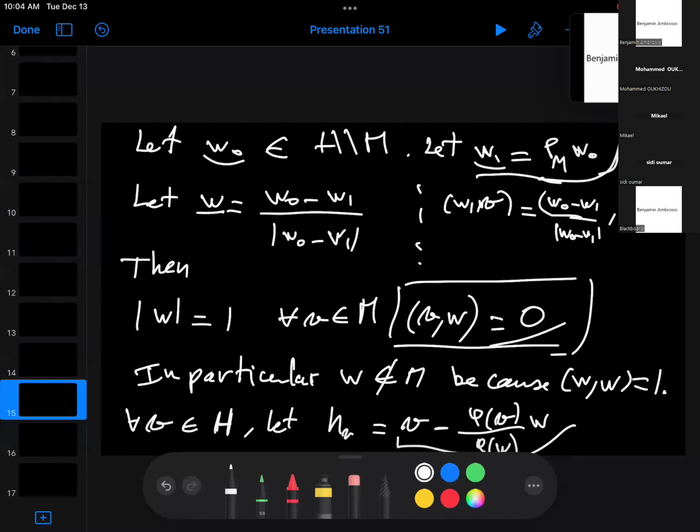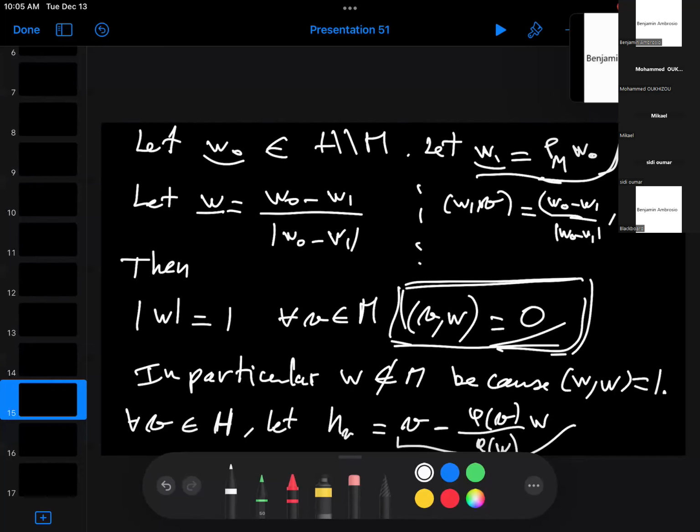So there was a question why the scalar product of W and V equals 0 here. So I repeat that. In fact, M is a closed linear subspace of H. You can check that. It's closed because phi is continuous, and it's a linear subspace.